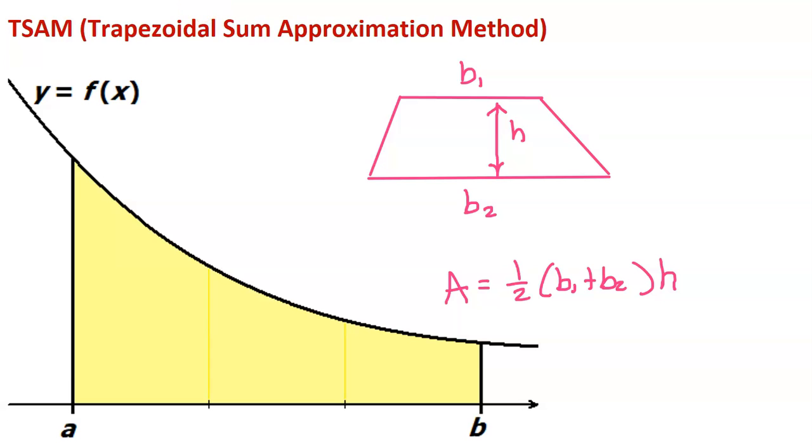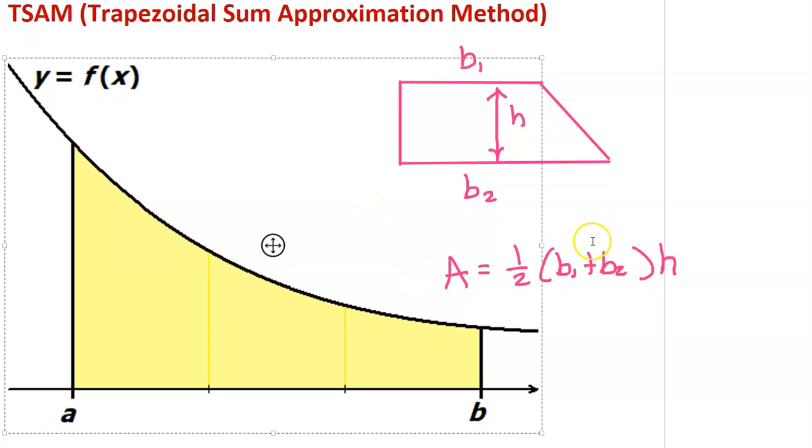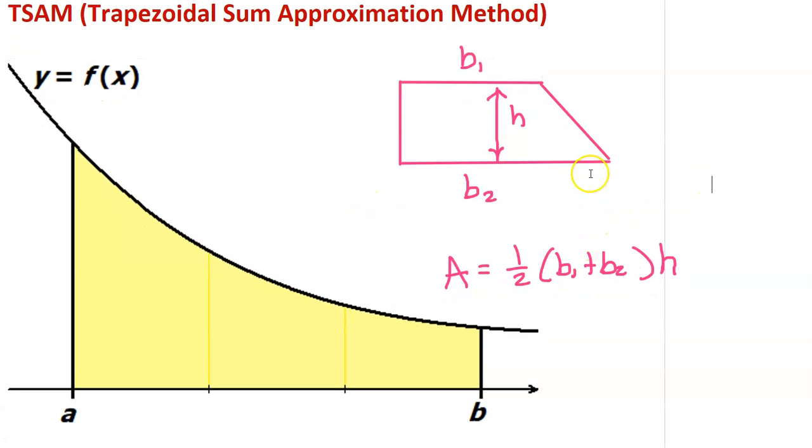Now, I'm betting that you will agree that if I were to flatten out one of these sides, so let's say if I took this and I made it a vertical line, this is still a trapezoid. Okay? Now, imagine that we took this trapezoid and we rotated it so that it's on its side.